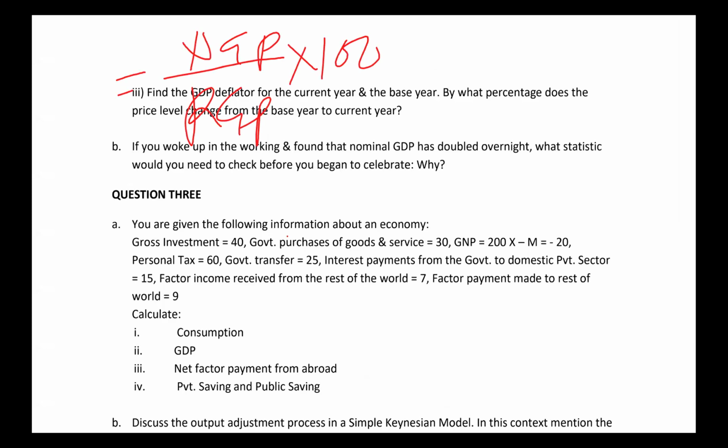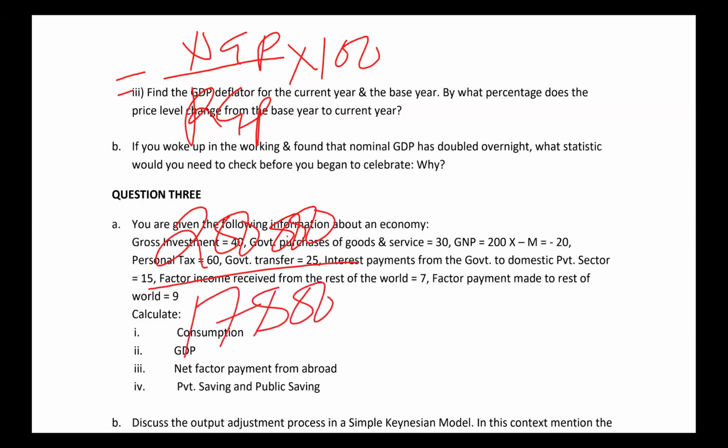So what was the nominal GDP in the current year? In the current year, the nominal GDP was 200,000. But what was the real GDP? 178,000, times 100.